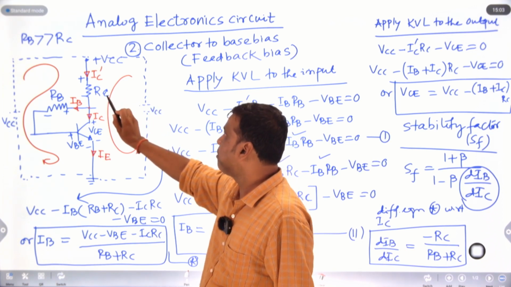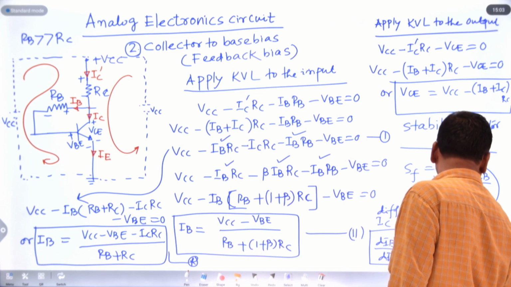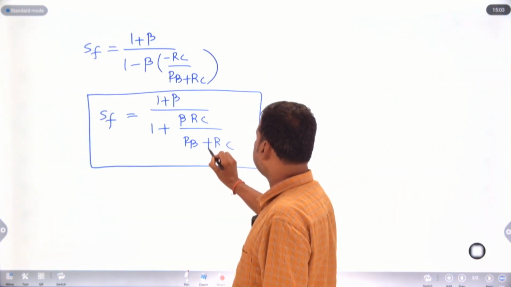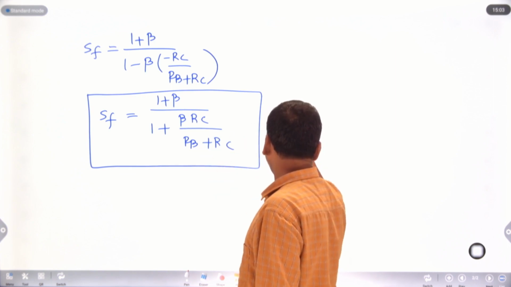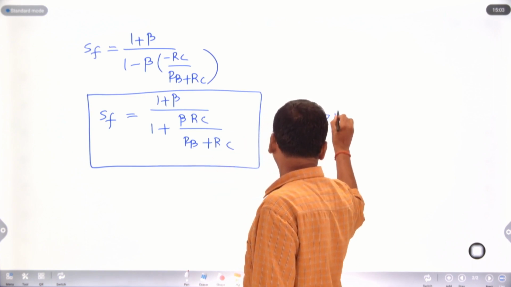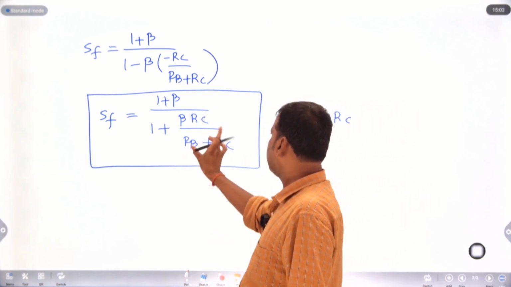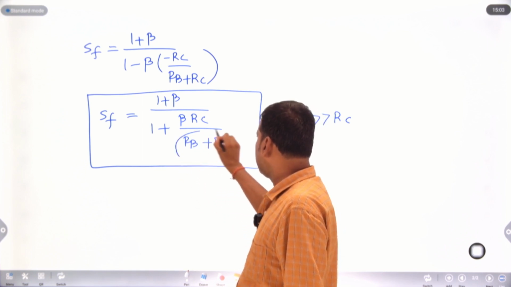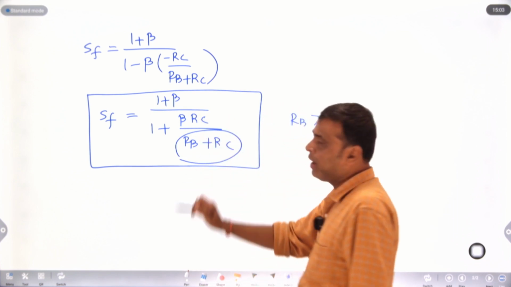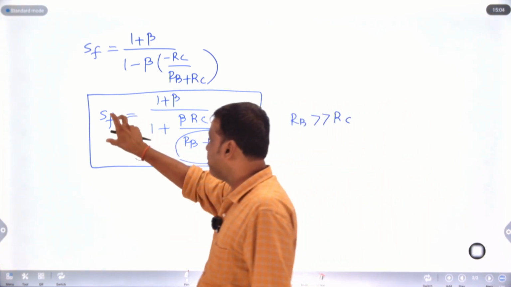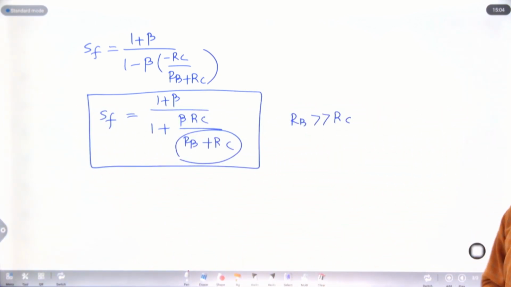The RC value is very much less than the RB value, so the denominator is more than the numerator, and obviously the value will be less, and you will get some improvement of the stability factor. Already I told you, if the value of the stability factor is less, the stability will be more.